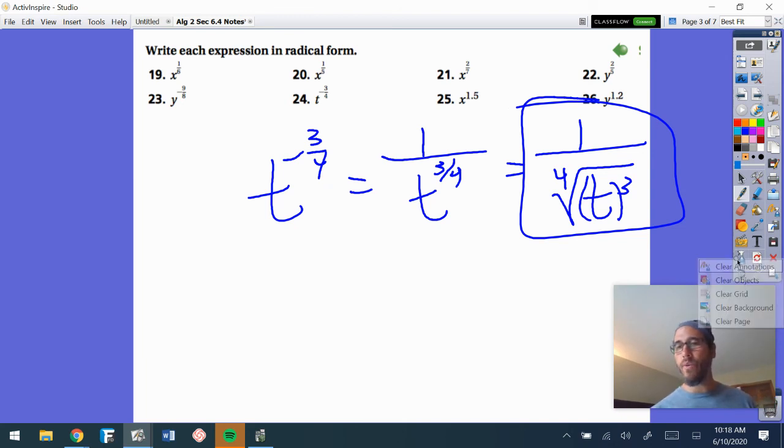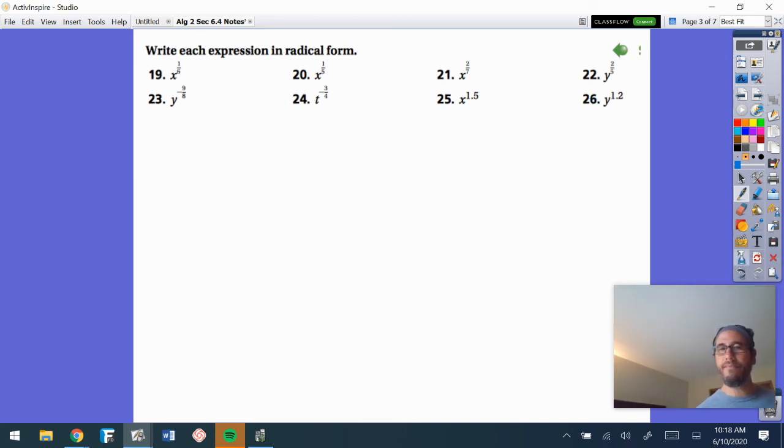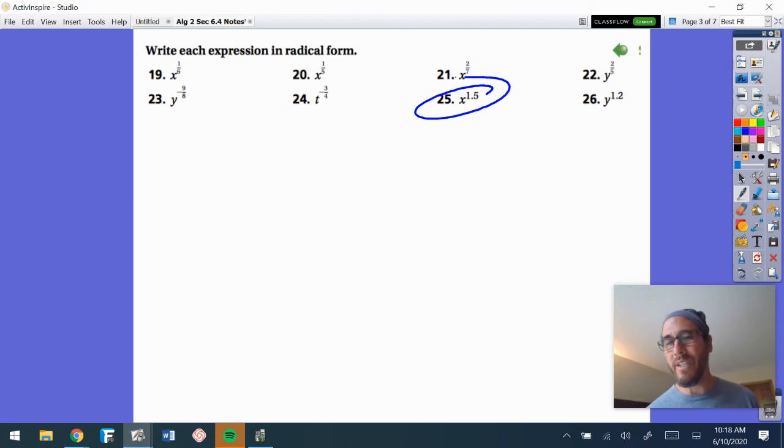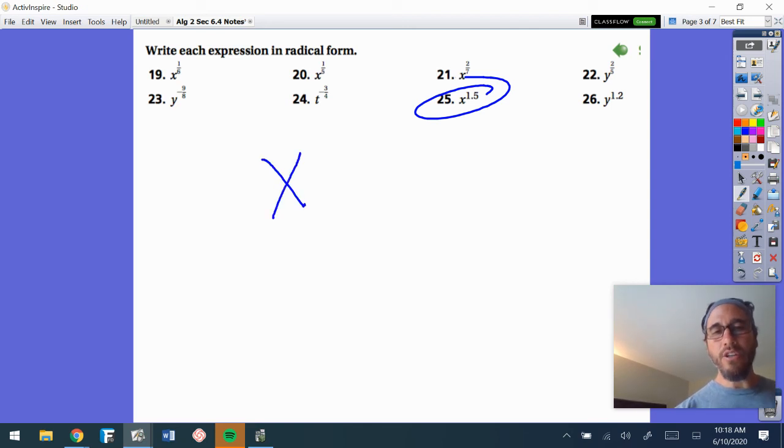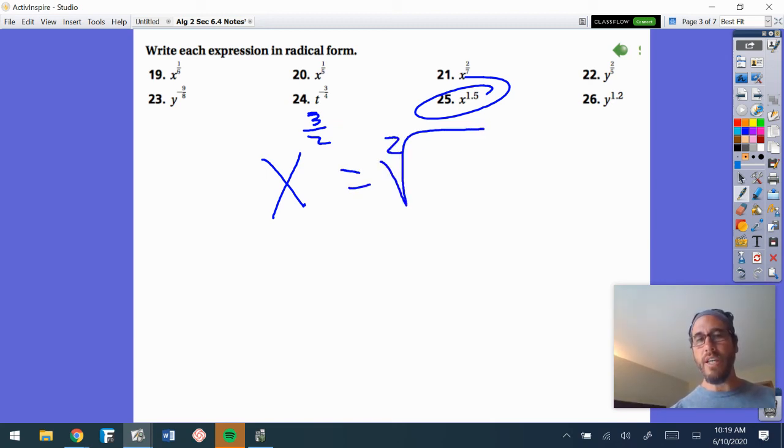What else do we got here? Well, 23 is the same. These guys are a little bit different. We're not really going to see ones like this. You just need to know 1.5, and you can math rack it. You put 1.5 in your calculator and you math rack it, you get 3 over 2. Okay, so what do we do in this situation? Well, let's just rewrite it. 2 is the root, goes in your ditch, and you got x to the 3rd.